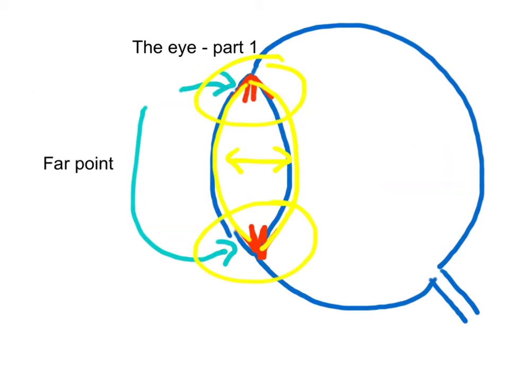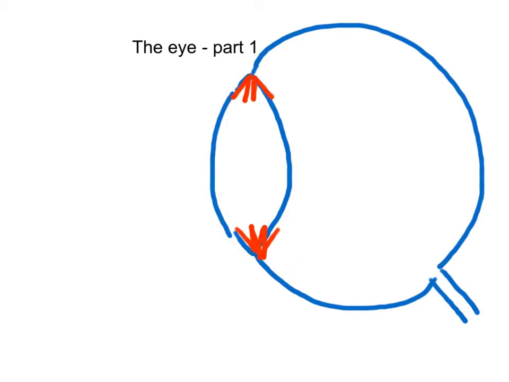Okay, so let's look at something else that we use to define the ability of the eye to focus on different things, and that is the opposite point. It's called the near point. It's when you focus on something that is very, very close to you. For example, I'm just going to put a point here. When you're focusing on something very, very close to you, and I'll draw these light rays up from here, here's light coming from this object that's very close, the eye has to do a lot of work.